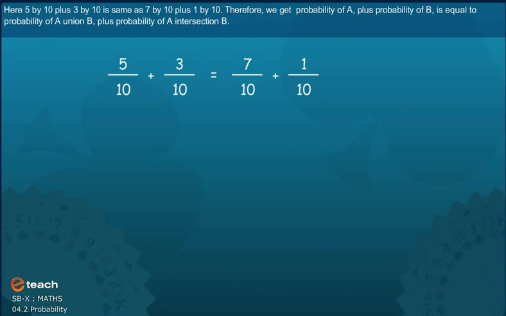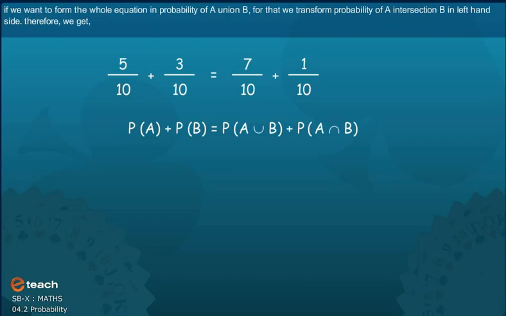Here, 5 by 10 plus 3 by 10 is same as 7 by 10 plus 1 by 10. Therefore, we get probability of A plus probability of B is equal to probability of A union B plus probability of A intersection B. If we want to form the equation for probability of A union B, we transfer probability of A intersection B to the right-hand side.